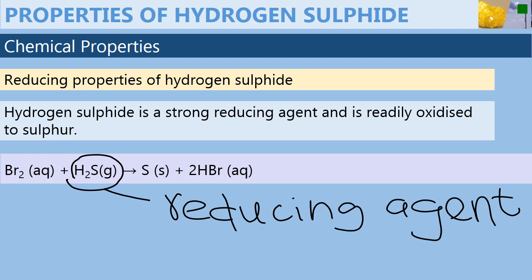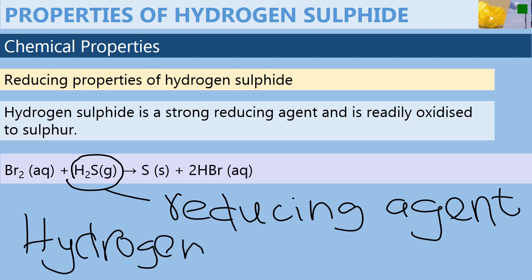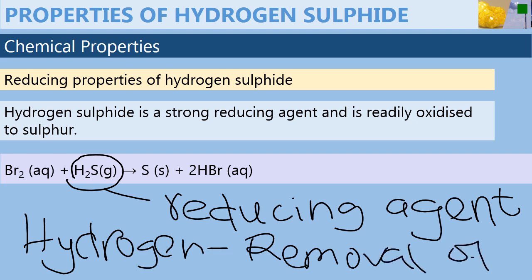In order to understand whether it is a reducing or an oxidizing agent in this equation, we can use the definition of oxidation and reduction. In terms of hydrogen, oxidation is the removal of hydrogen.